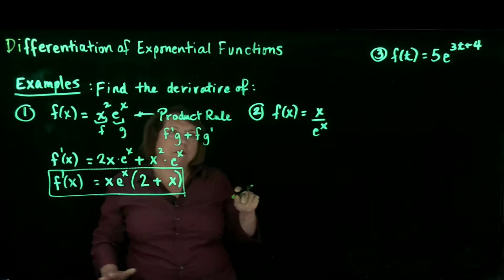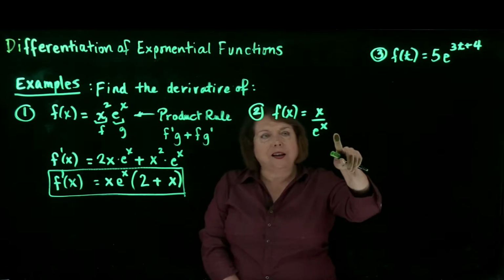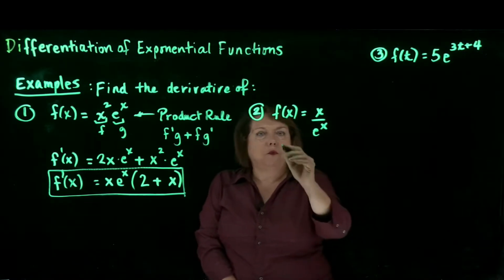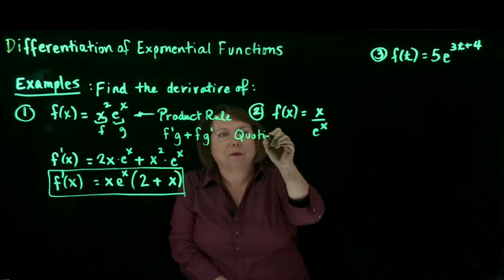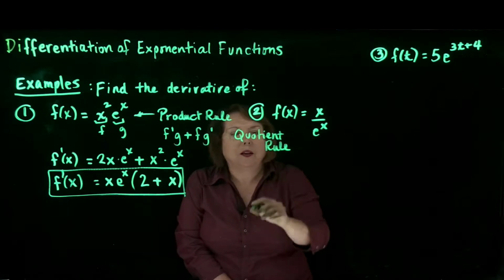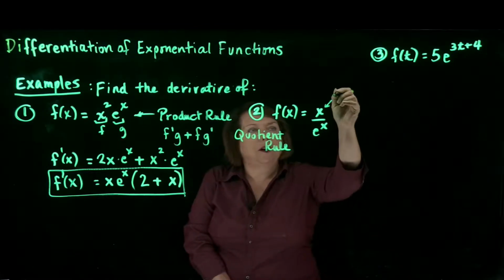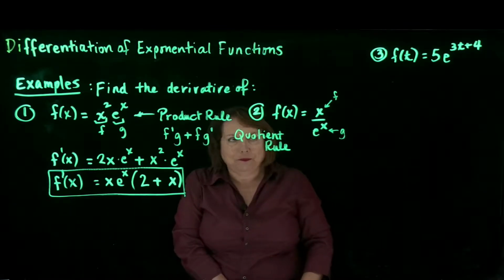Let's look at problem number 2. f of x is equal to x divided by e to the x. So what do you think we have to use here? The quotient rule. Call this part f and this part g, like we did before.